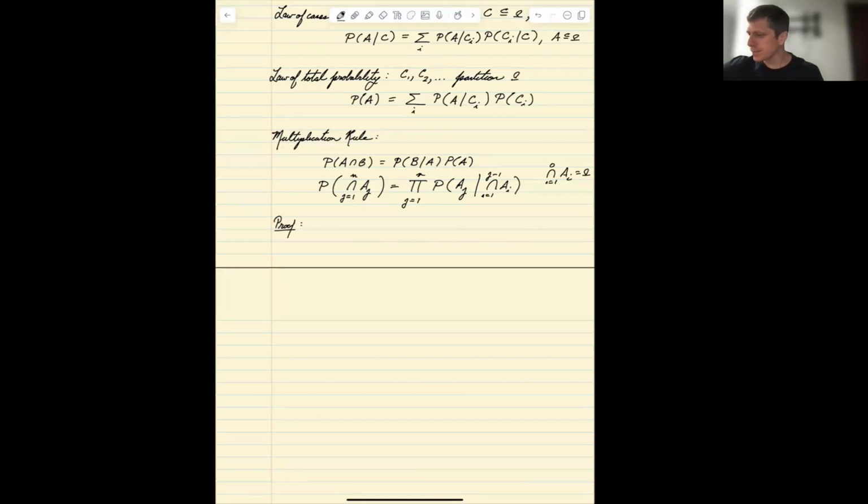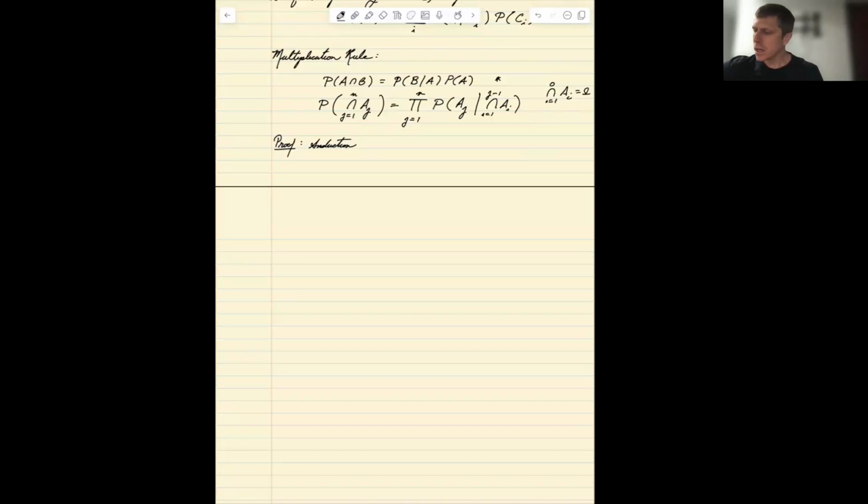Proof by induction. It's already true for the case of two events, by definition. So that's the base case.